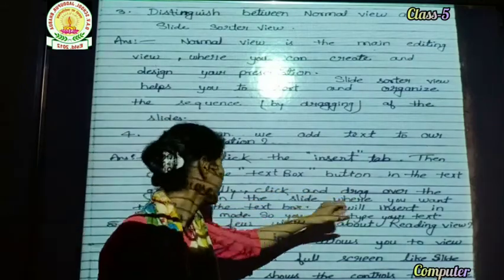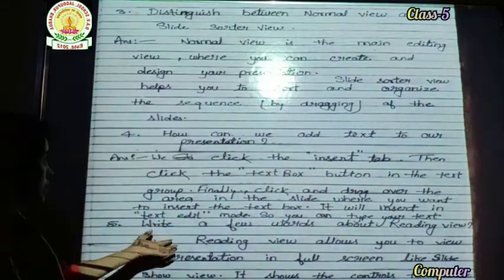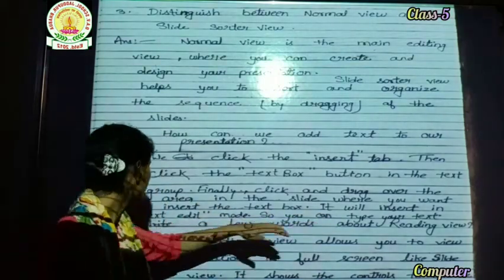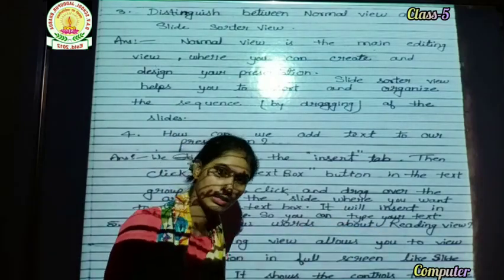Finally, click and drag over the area in the slide where you want to insert the text box. It will insert in text edit mode, so you can type your text.